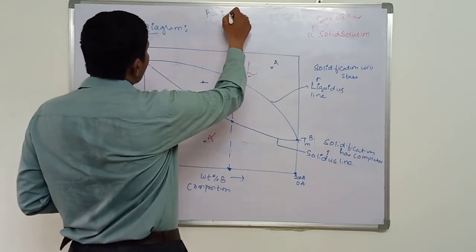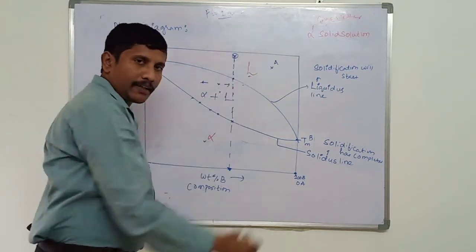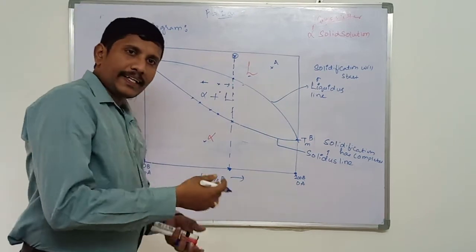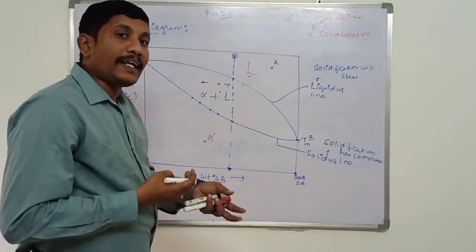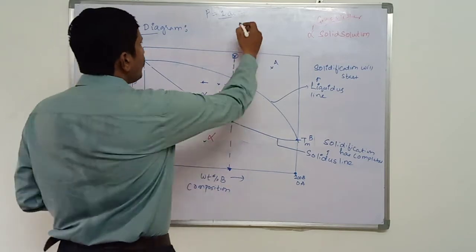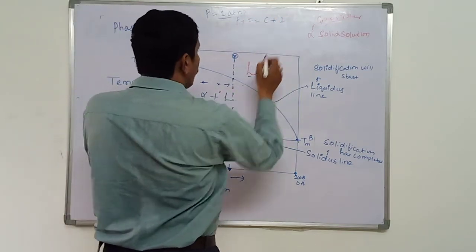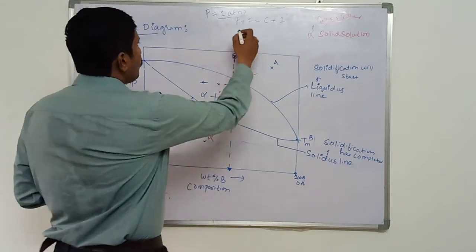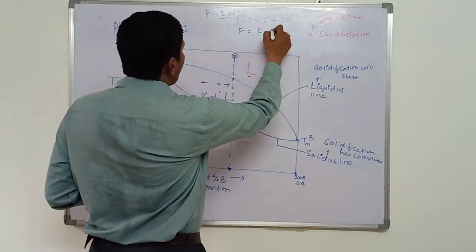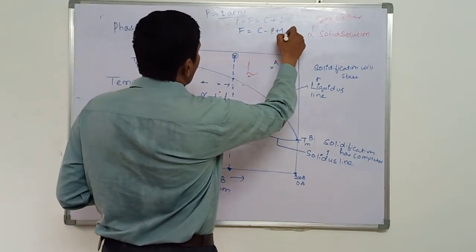We are taking pressure as 1 atmosphere. So to find the degrees of freedom, we need to use the condensed Gibbs phase rule. So P plus F is equal to C plus 1. So degrees of freedom will become C minus P plus 1.